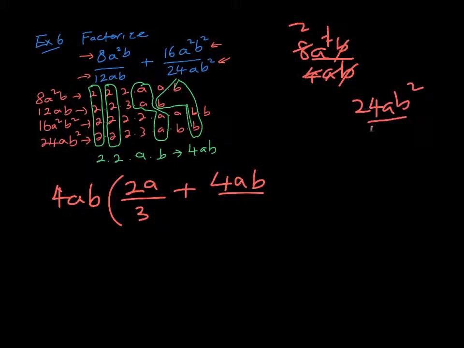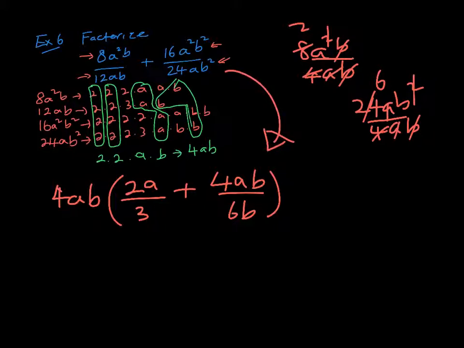The a's cancel out, the b cancels out one of the b's, and then 4 in 24 is 6. So what we have is what? 6b. So now our new factored expression is 4ab outside in bracket 2a over 3 plus 4ab over 6b.